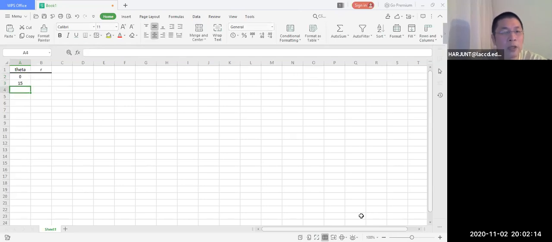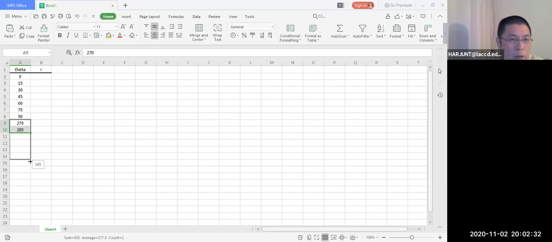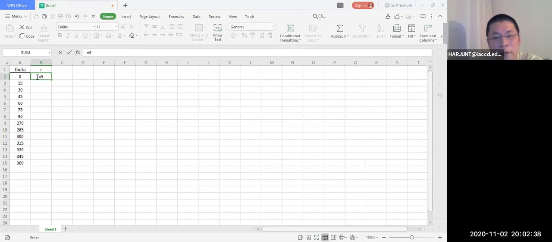0, 15, 90, and then 270, 285. I can go to 360, and this is equal to 5 plus 3 times sine of this value.